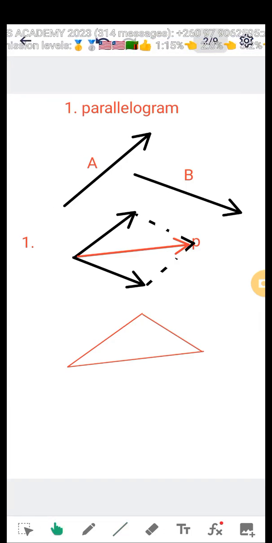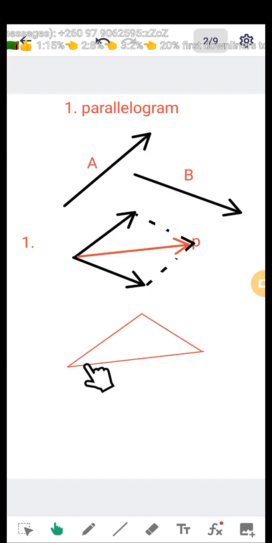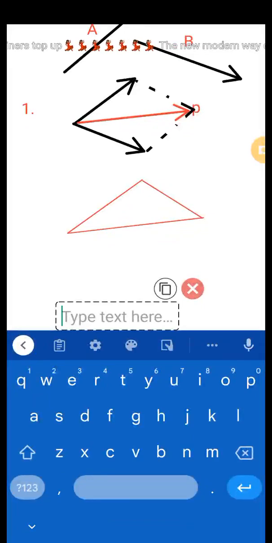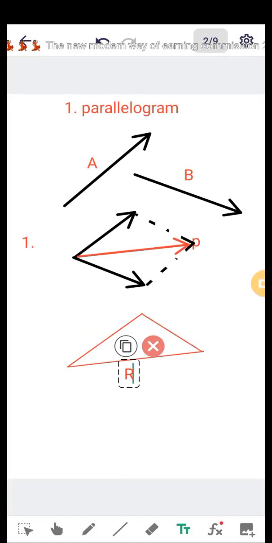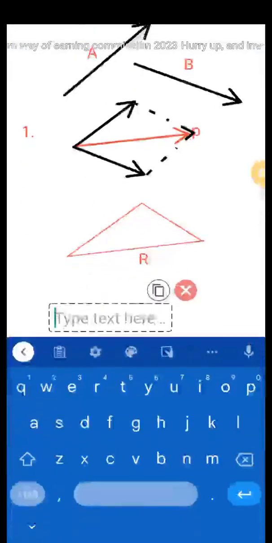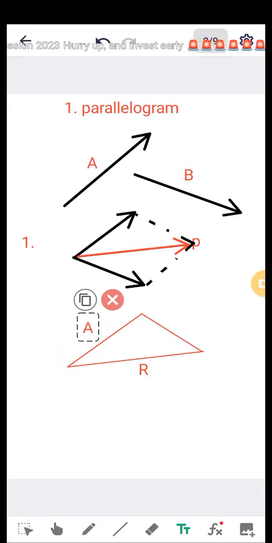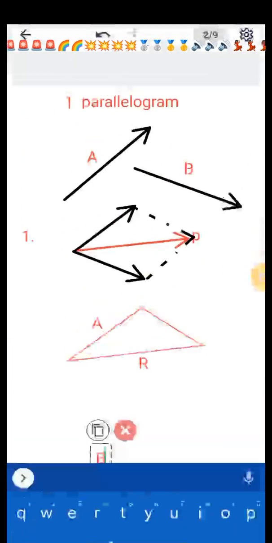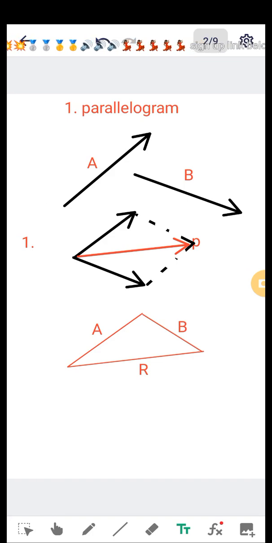Then let's name these vectors. So we have the resultant, we have A, then we have B. As you can see, this one is the same as this part here. This is vector B, so that's where I've placed B on that vector.